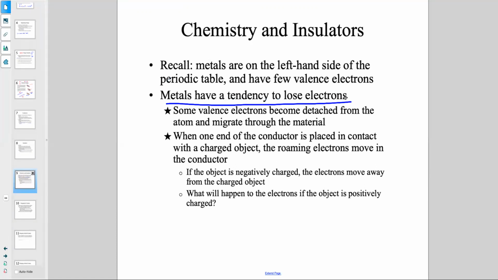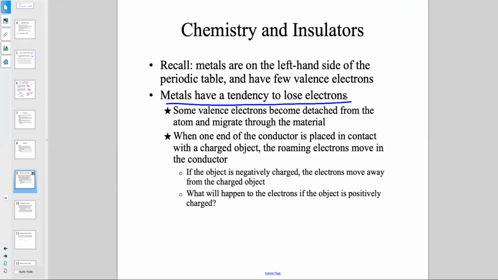So one electron will move from one atom to the other, and from the second one to the third one, from the third one to the fourth one, and so forth, okay? When one end of the conductor is placed in contact with the charged object, the roaming electrons move in the conductor. If the object is negatively charged, for example, the electrons move away from the charged object. I'll show you some examples later on.